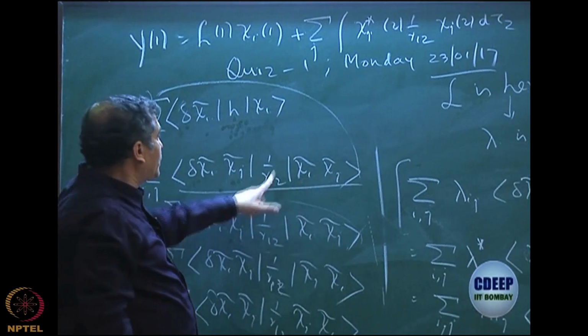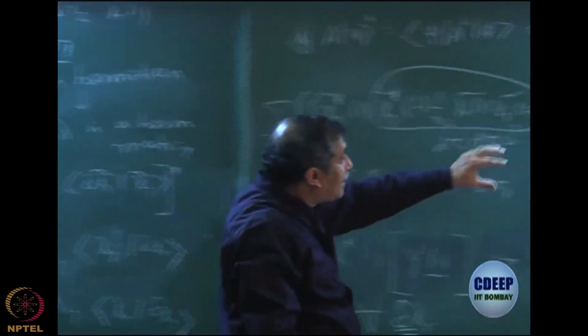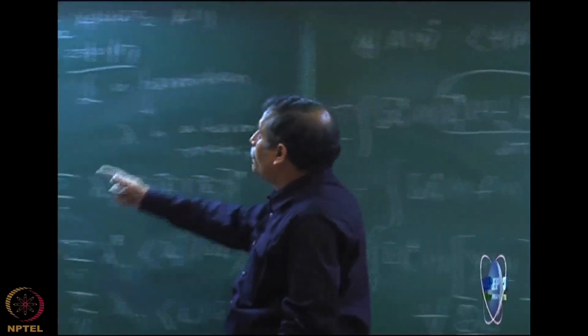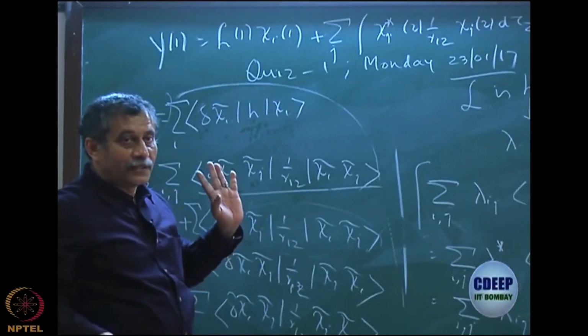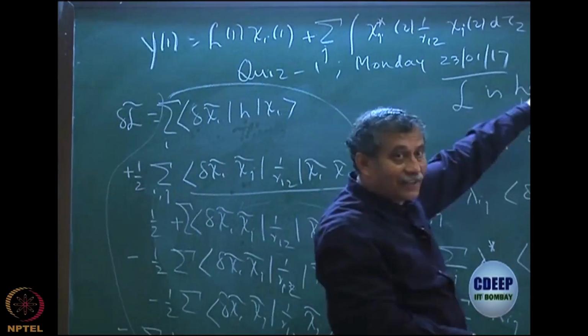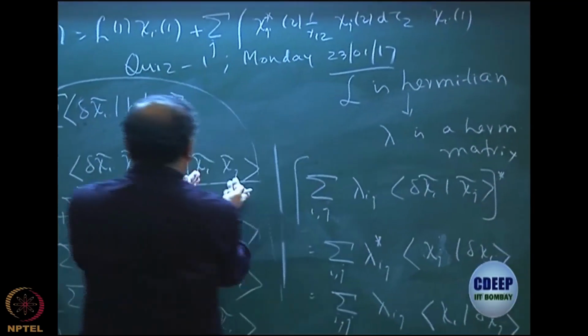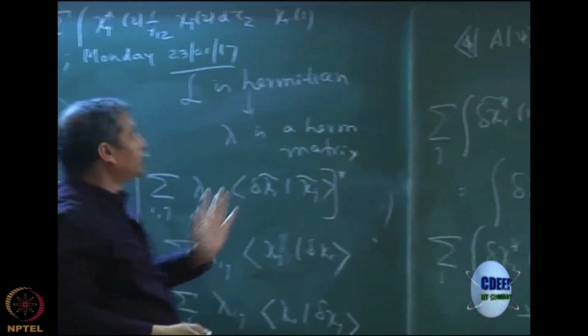The integration is over chi j 2, but this chi i1 cannot vanish, because I want to write everything with only one delta chi i star on the left. Everything else should remain, so this chi i1 will be a part of the y of 1. I have just written this chi i1 later because I am first integrating over d tau 2, so I am allowed to bring it here and then write chi j1 later, and then go on.